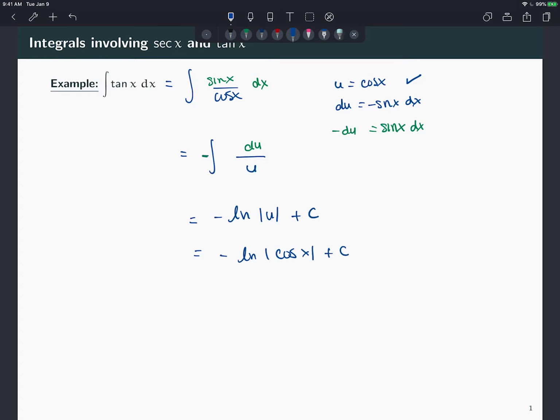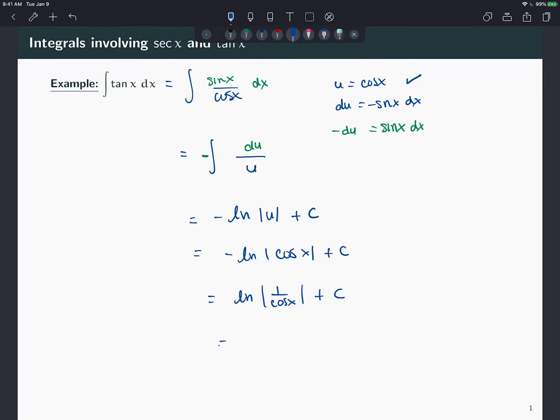And I can leave it like that. That's my final answer, but you can also use the properties of logs to bring this negative to the negative 1 power. So it really becomes natural log of cosine to the negative 1, so 1 over cosine x. But 1 over cosine x is the secant.